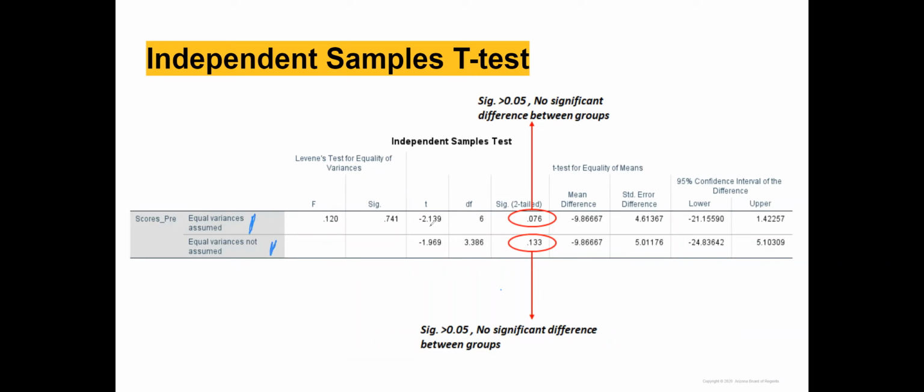You look at the t-value and then the significance score. If significance is greater than 0.05, you say that both groups have no significant difference. That means male and female groups have no significant difference between their scores. So this is how you do independent sample t-test.